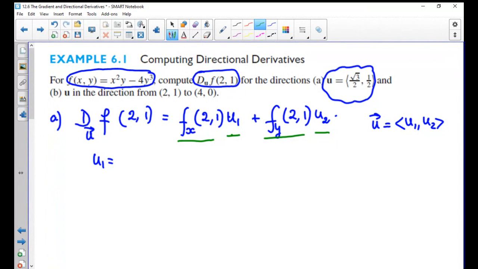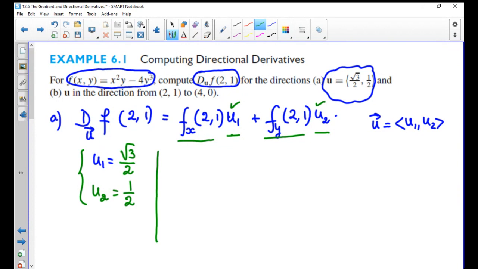What is the number u1? Square root of 3 over 2. Good. What is u2? Half. Thank you. Yes. All right. So we already have these two numbers.